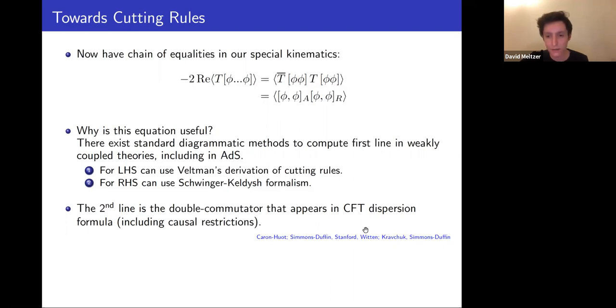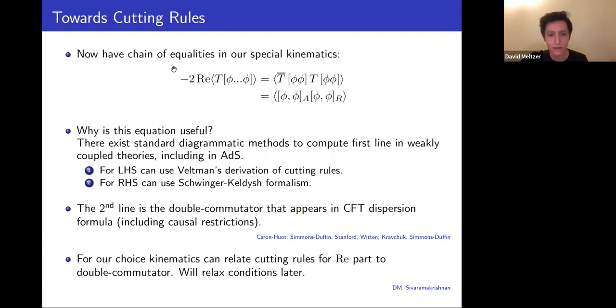But if you look at these two papers where they derive it in position space, you can see that they impose causal restrictions on how you integrate a double commutator. And so it's equivalent to imposing causal restrictions.